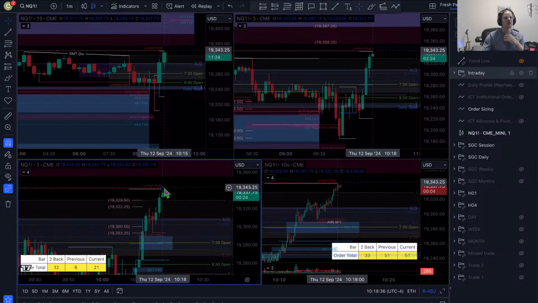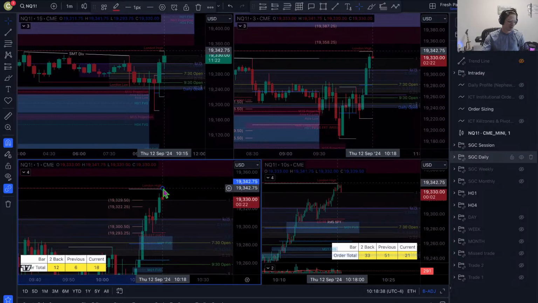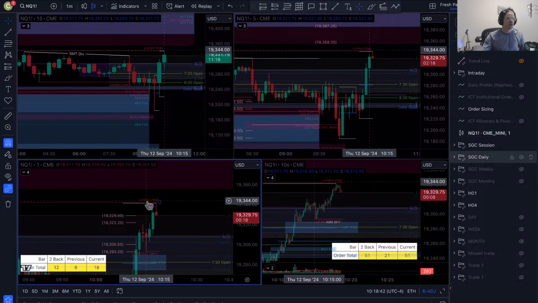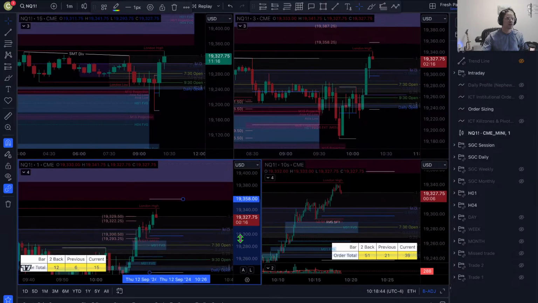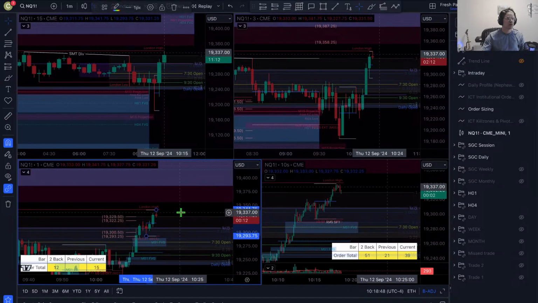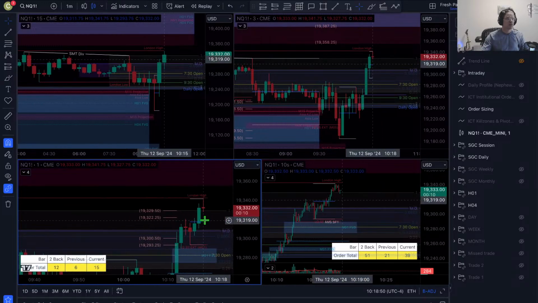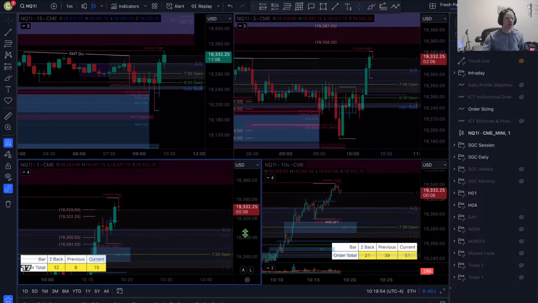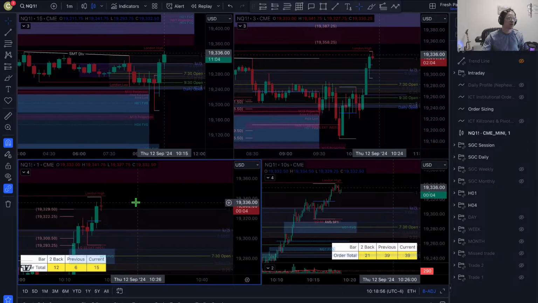Look at this chilling right under London high. That's hilarious. That's pretty impulsy, though, I'd say. So you might think that this could be... Is it impulsy? I mean, you broke through there. So you get this fair value gap here. You could argue that's your M1 structure.